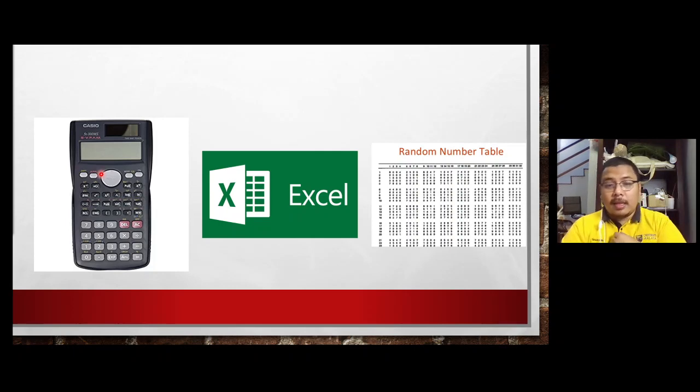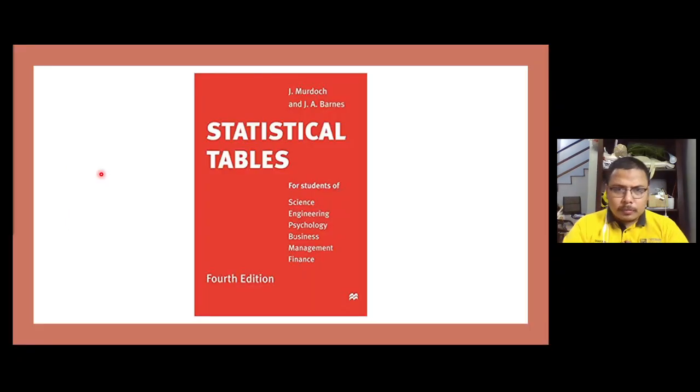Microsoft Excel has a good way to generate random numbers. Or you can classically use random number tables, and I will show you how to use them in this lecture.